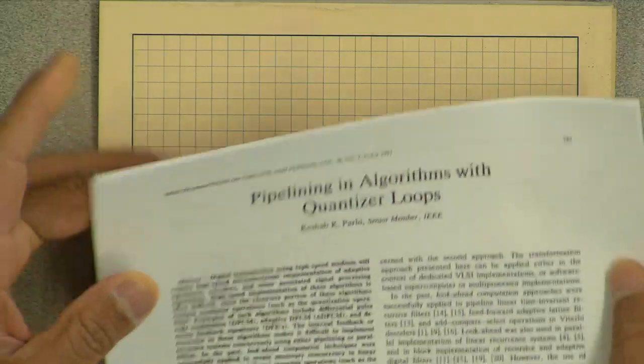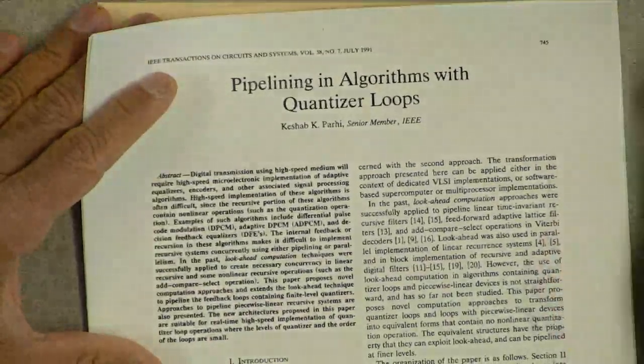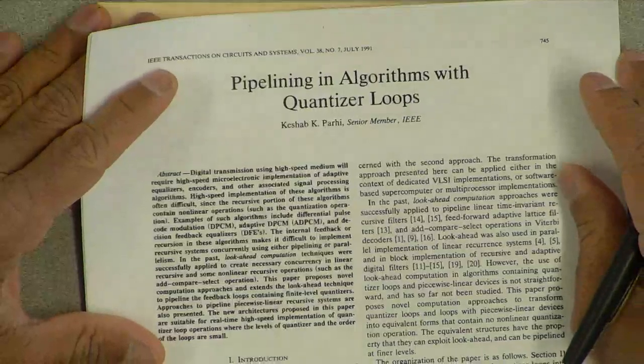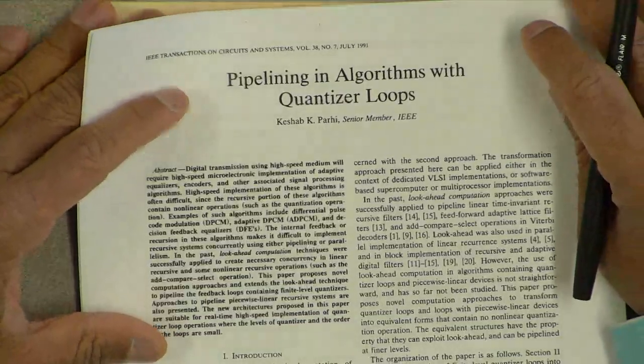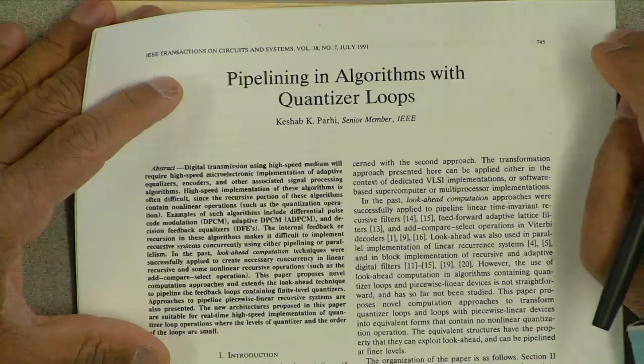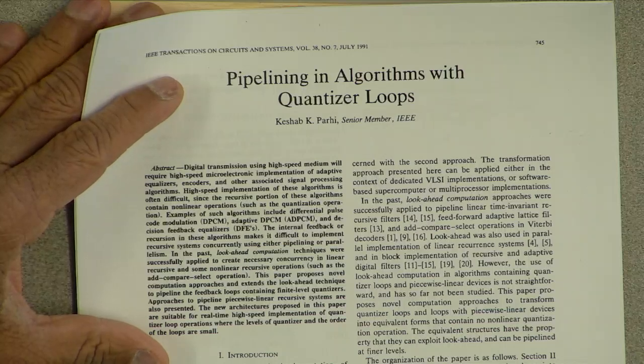Both the IIR filters and the delayed LMS are all linear equations. The equations are simply linear computations. One of the problems I was thinking about, as soon as I came to this university 35 years ago, was this: we have understood how to pipeline IIR digital filters, which are recursive digital filters with simple linear equations, and we can apply look ahead.